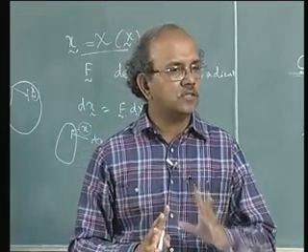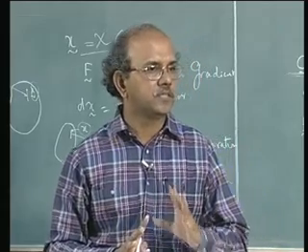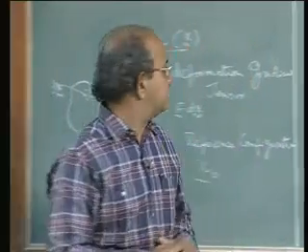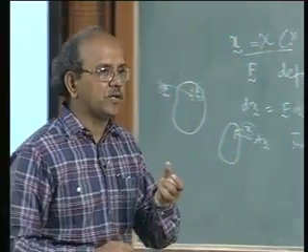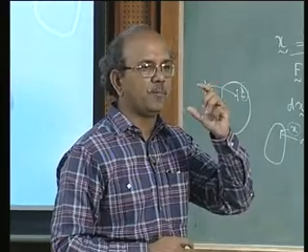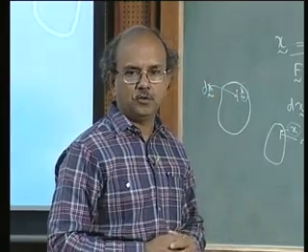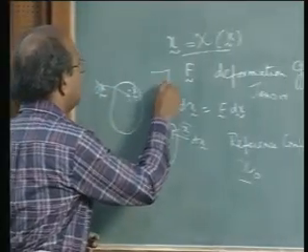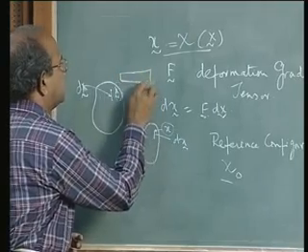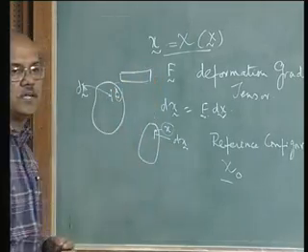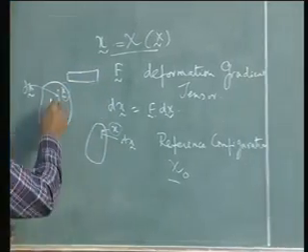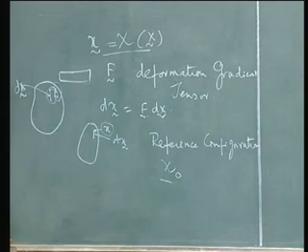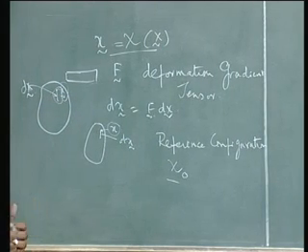The concept we are going to introduce is very similar, but the length we are talking about is not the usual bar which we used in our earlier classes. We used to have a bar like that, and that is the bar we used to define the strains. But here let us look at this material line element closely at every point x and see whether we can do something with respect to its lengths.